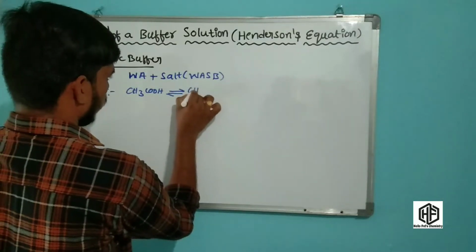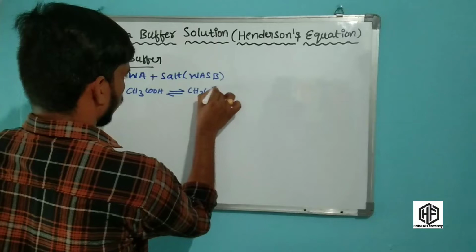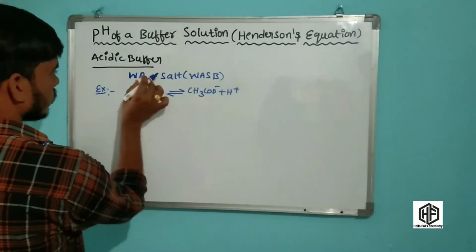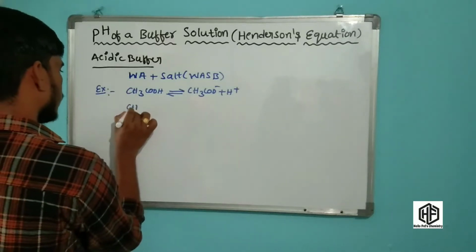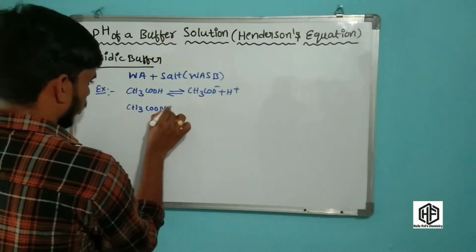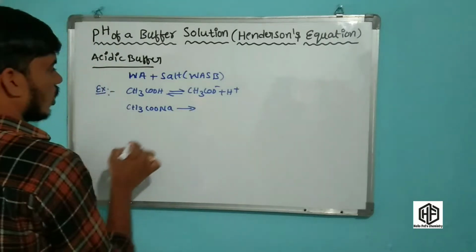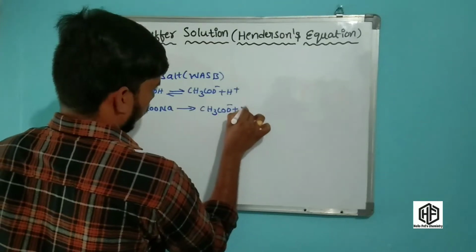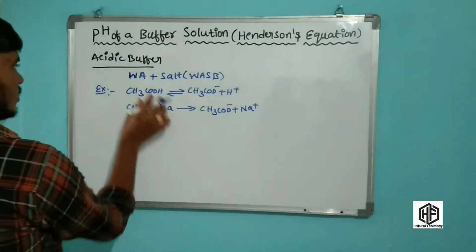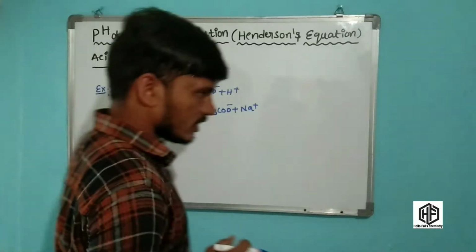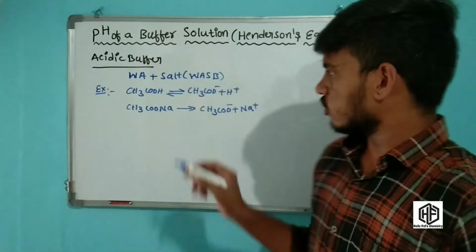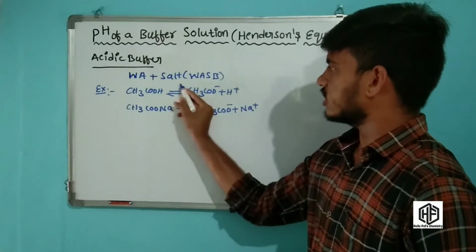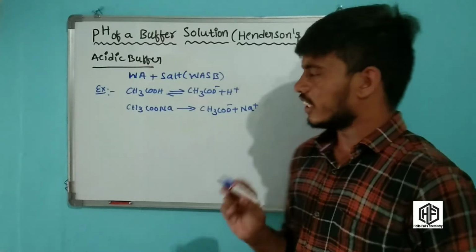It dissociates to form CH3COO minus plus H plus. The salt of this conjugate base is CH3COONa. This is a strong electrolyte. It dissociates into CH3COO minus plus Na plus. Acetic acid is a weak electrolyte. It dissociates to form CH3COO minus plus H plus, and CH3COONa is called the salt of the conjugate base.